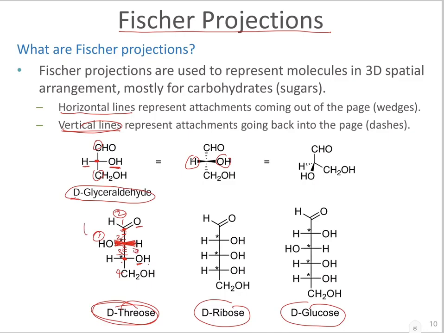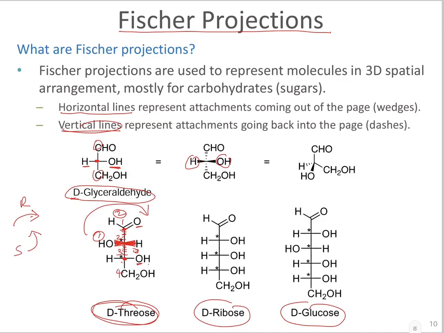So that means we are going clockwise. So the stereochemistry at this position, if we are going clockwise, remember clockwise, we say this is R. Counterclockwise, we said is supposed to be S configuration. But there's a catch.